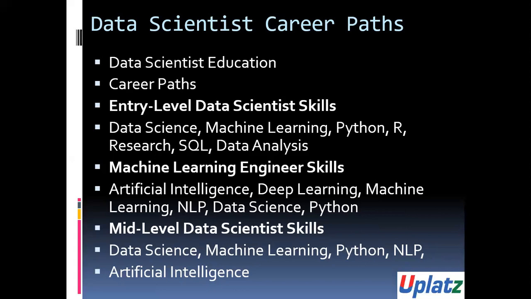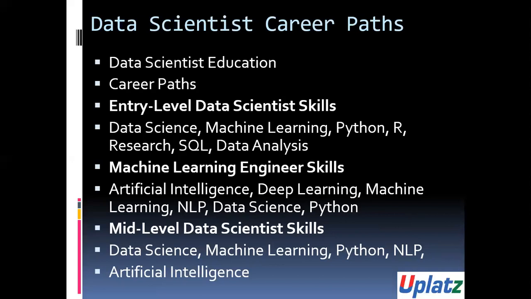Then we will see what the mid-level machine learning engineer skills are. So for the mid-level machine learning engineer role, you need to have skills like artificial intelligence, deep learning, machine learning, then natural language processing, data science, Python, C++, SQL, and Java.